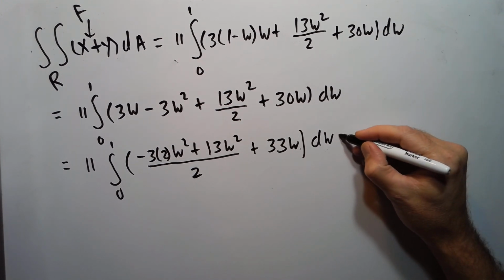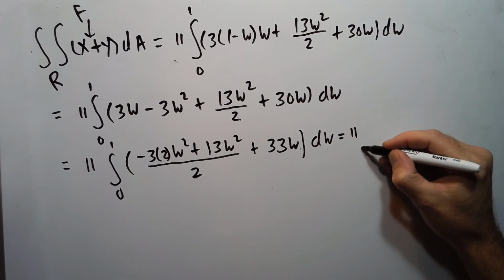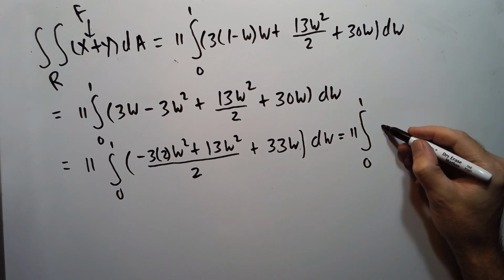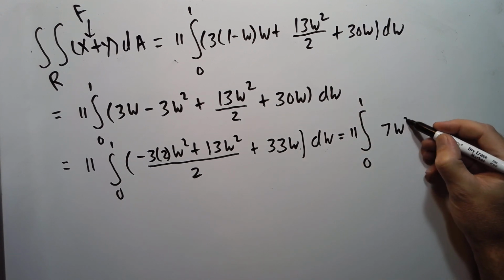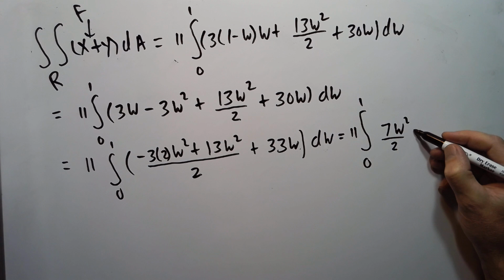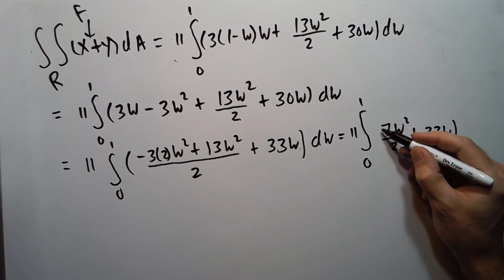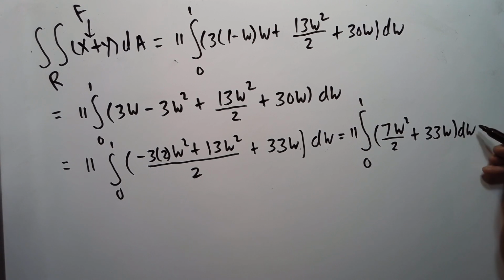Okay, so simplifying this a bit. It's 11 in front, 0 to 1. That's going to be 7w squared over 2 plus 33w dw.